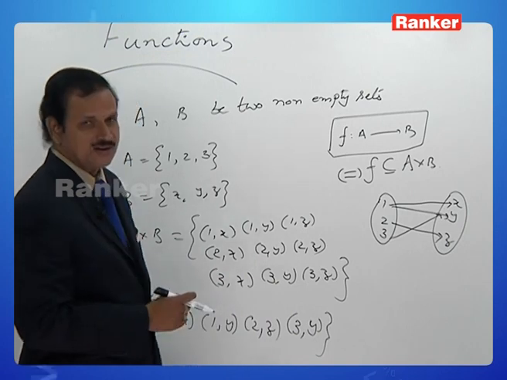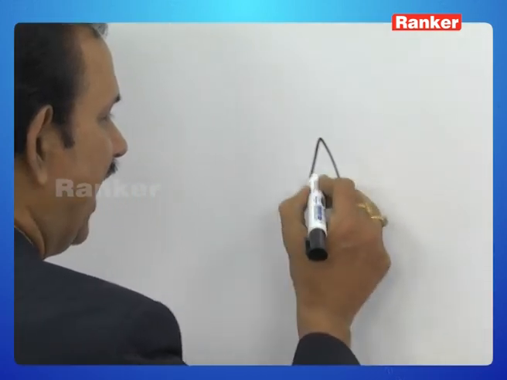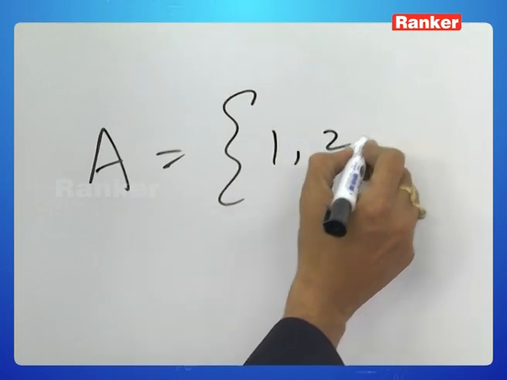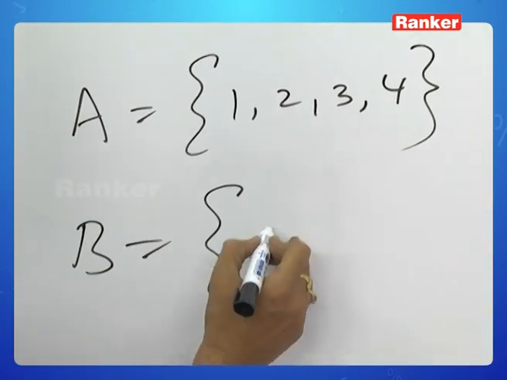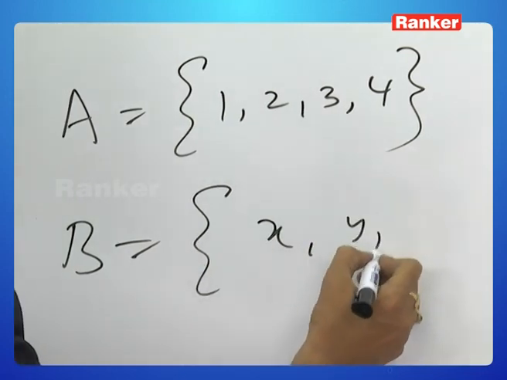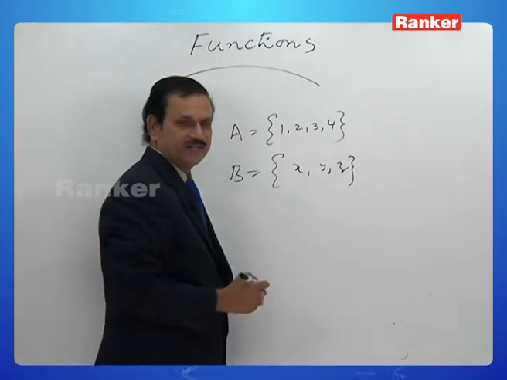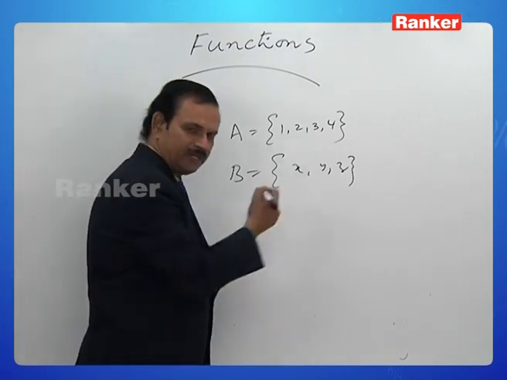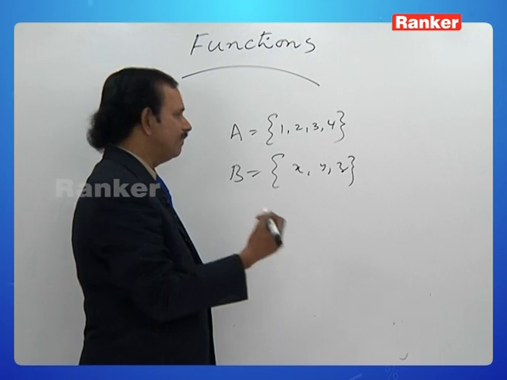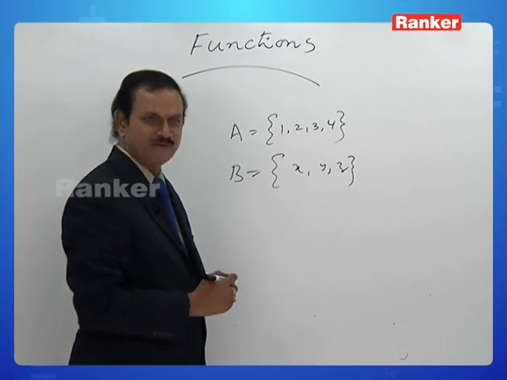Well, there is a standard question also here. A has, say, 1, 2, 3, 4 elements, and B has just 3 elements, say X, Y, Z. The standard question here is, how many relations can be had from A to B?